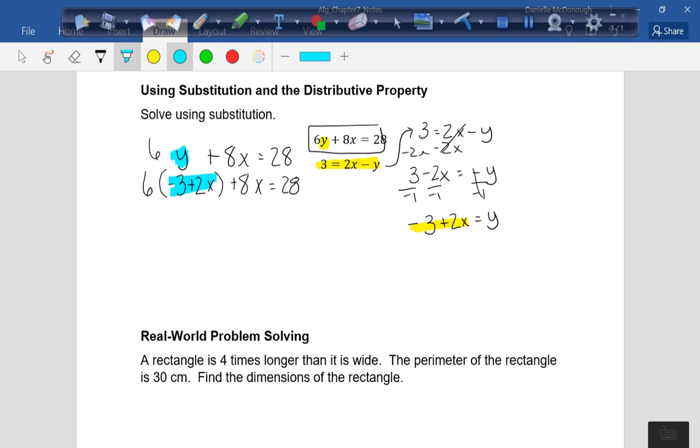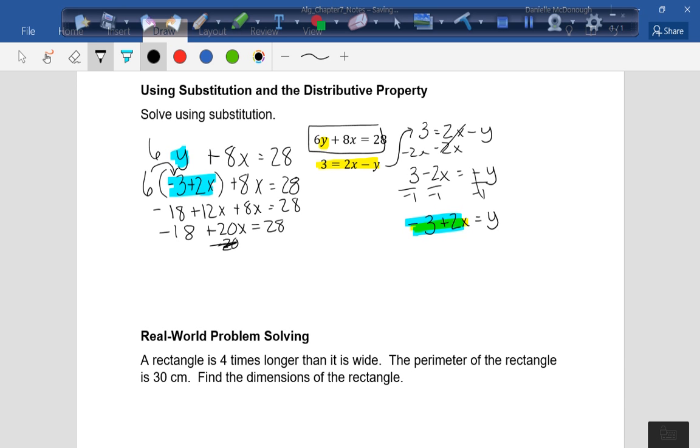I took that y and substituted it in for this right here. Okay? So from here, we're just going to solve for our x. We're going to have to use the distributive property. So negative 18 plus 12x plus 8x equals 28. Negative 18 plus 20x, so I just combine my like terms, equals 28.